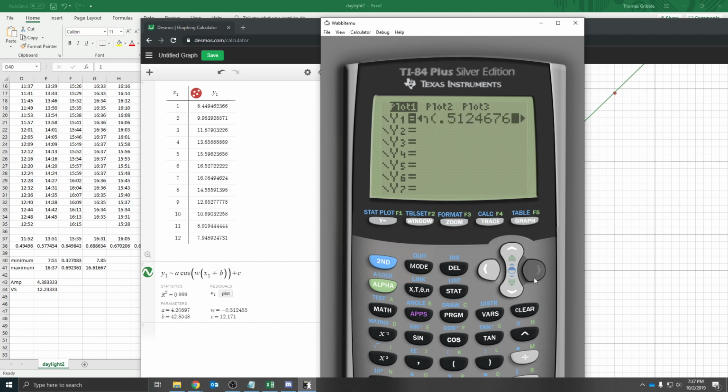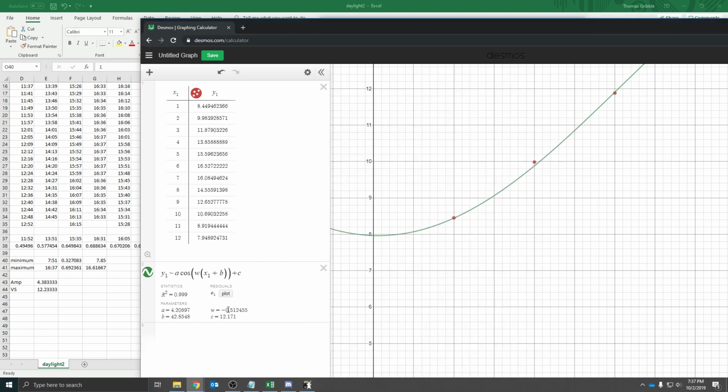So if I go over here, first of all, omega 0.512466766 is pretty close here. They just have negative because it's not calling it a negative cosine. It's calling it a cosine of a negative number.